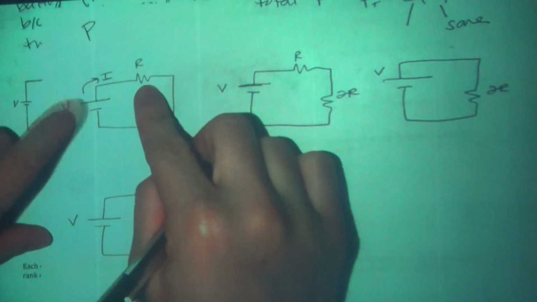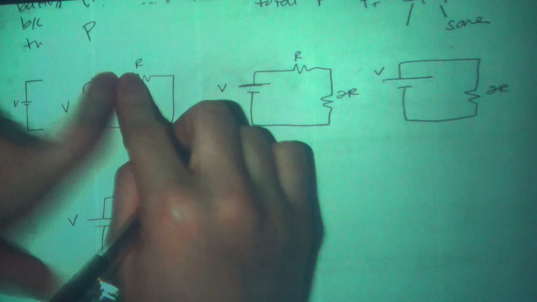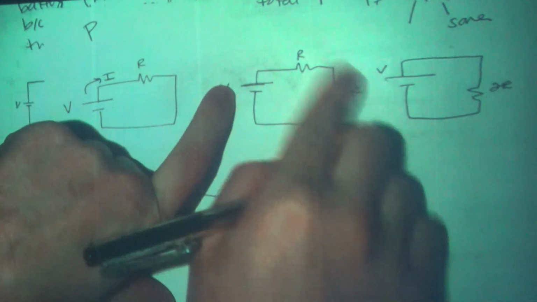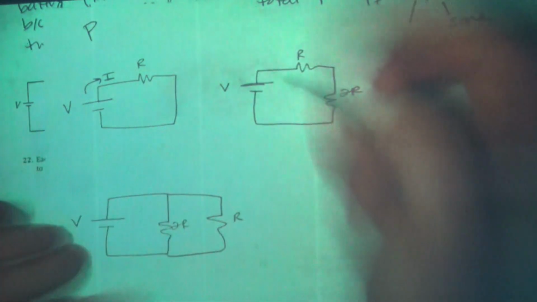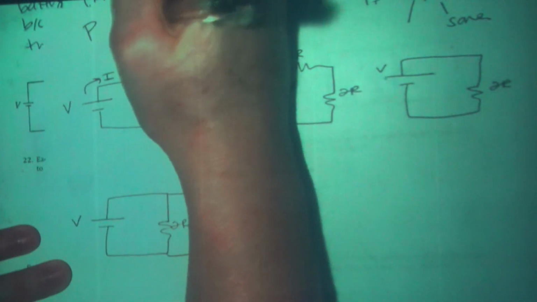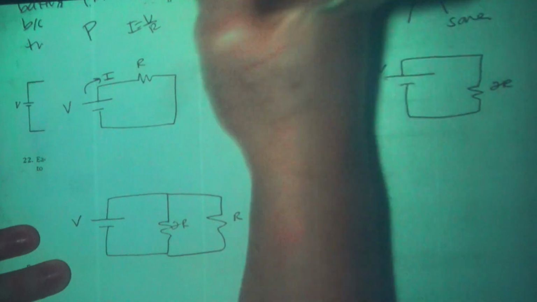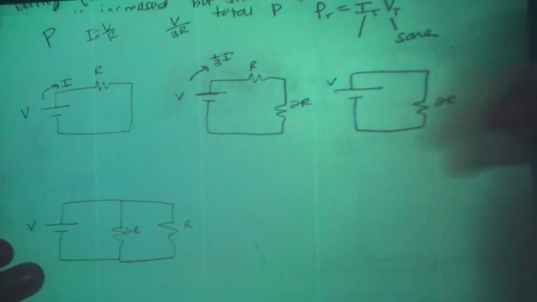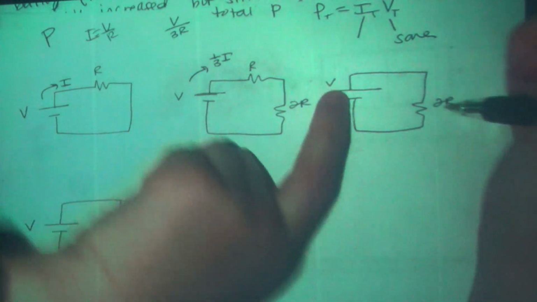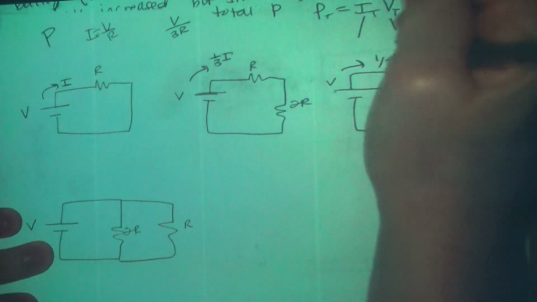So if this is voltage divided by one resistor, that gives me current. If I have the exact same voltage, but now I'm dividing by 3 resistors, that means I have 1/3 of the current, because instead of V over R to get my I, now it's V over 3R, so that's 1/3 the original I. Alright, here, same voltage, but over 2 resistors, so that would be half the current.